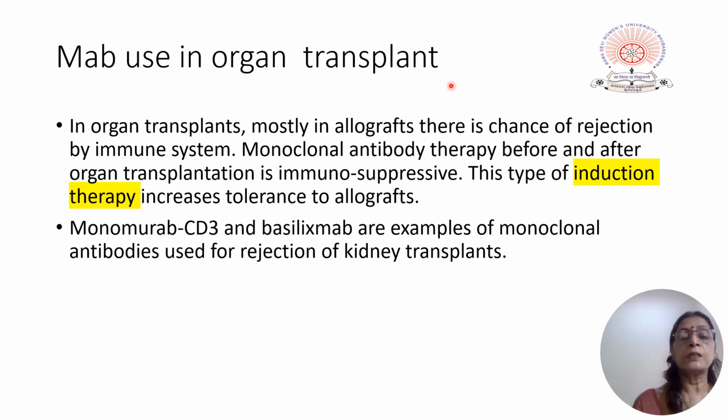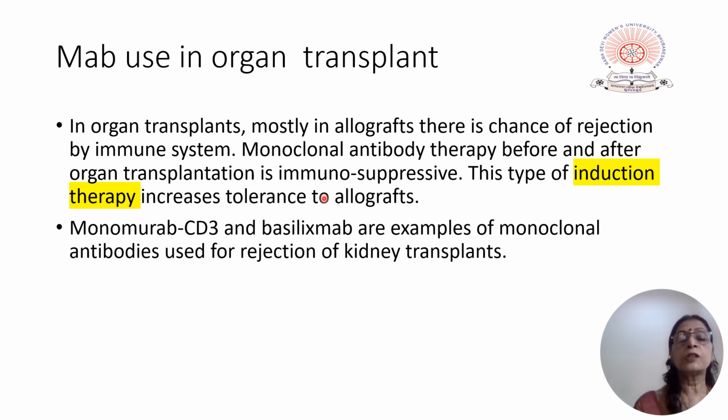Organ transplants are very risky because the immune system of the recipient may reject the transplanted organ, and immunosuppressive drugs are given to prevent the rejection of the transplant by the patient's body. Monoclonal antibody can be used both before and after organ transplantation.